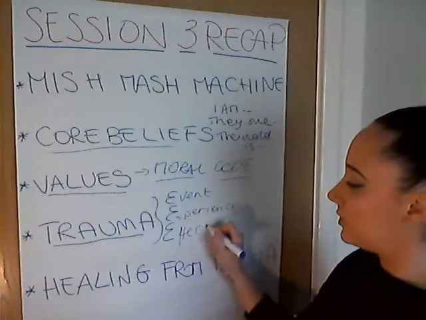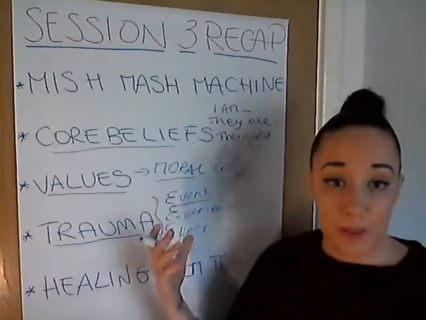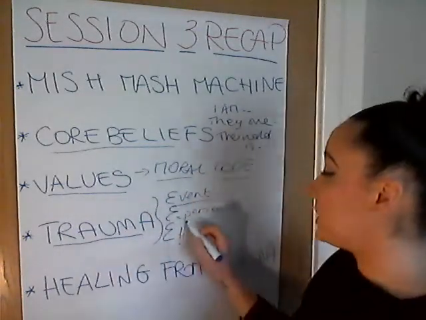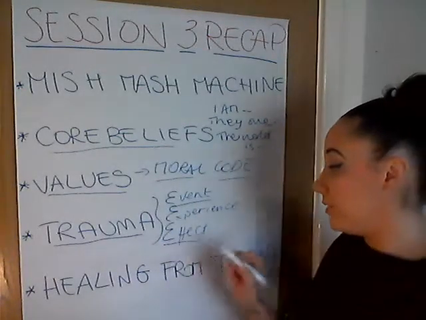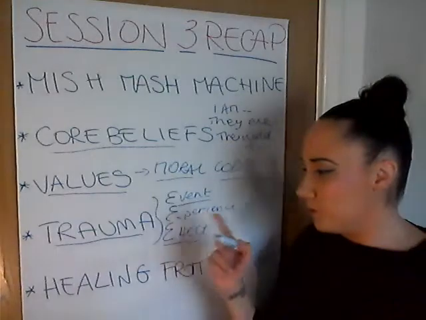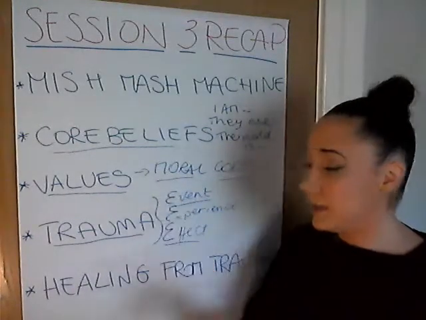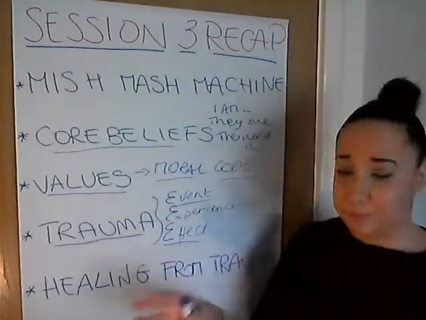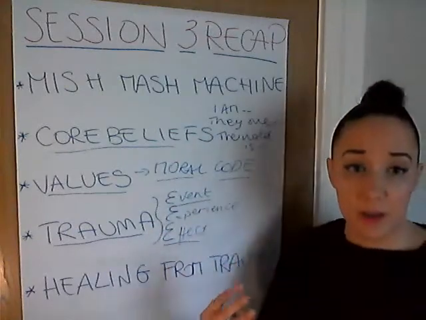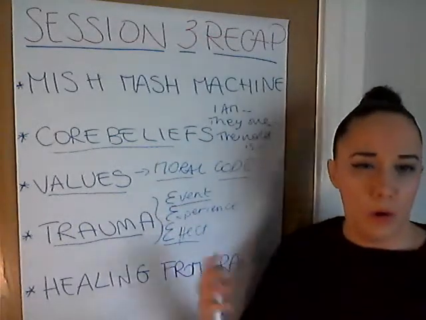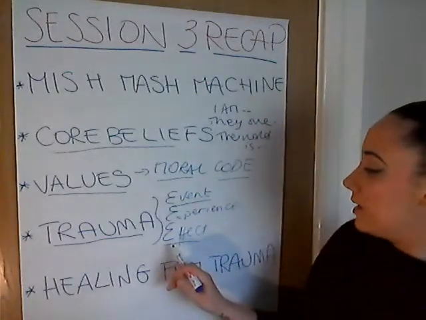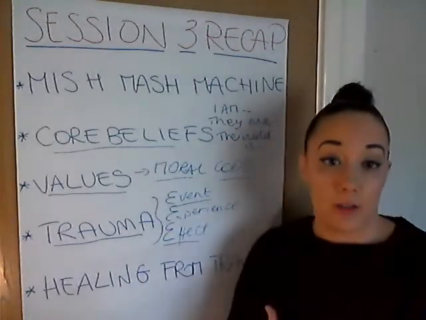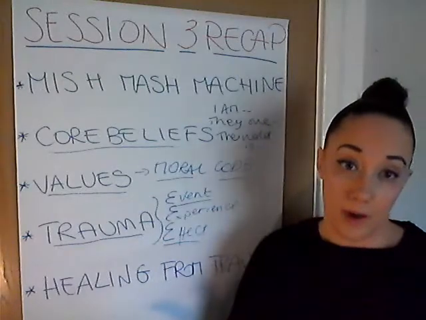So something will happen, that'll be an event. I will experience that event in a particular way, and then that event will have an effect on me. Last time I gave the example of an event: I've been in a car accident. So what experience did I have? I said blood, screams, hospital, and then the effect would be, I get anxious now every time I go into a car, all right?